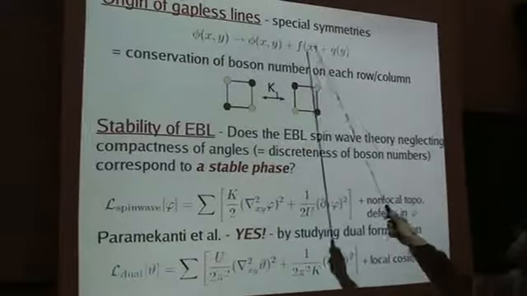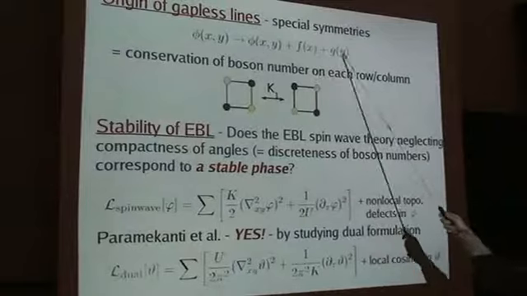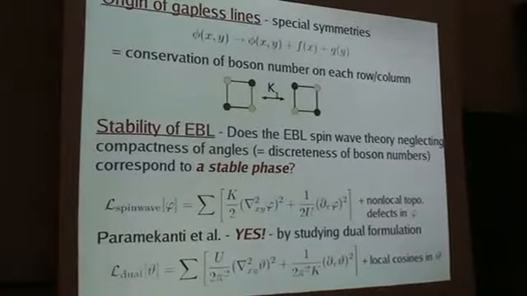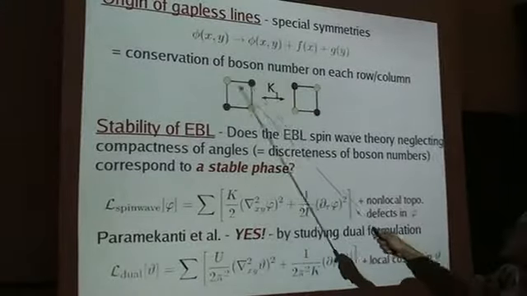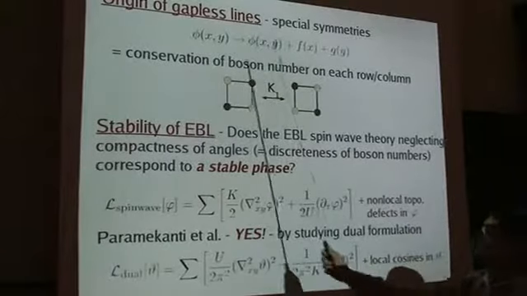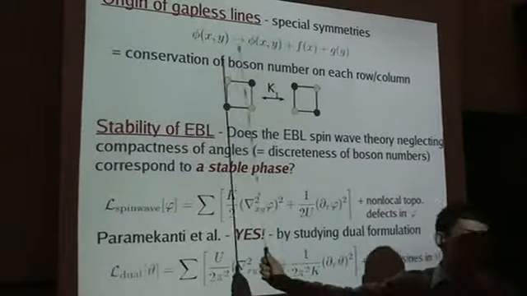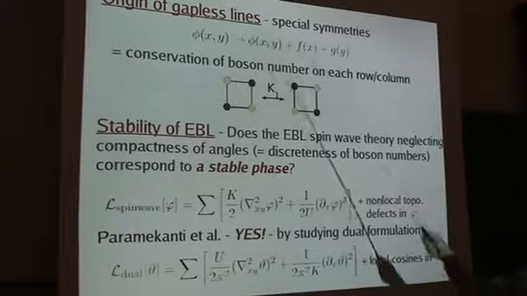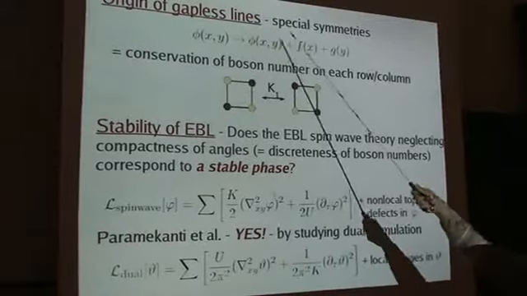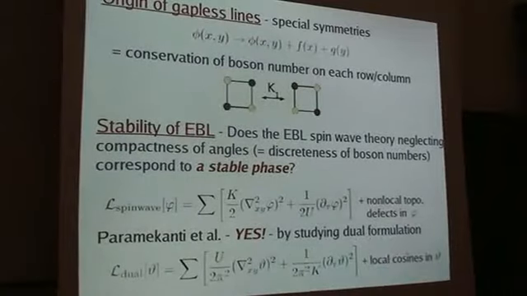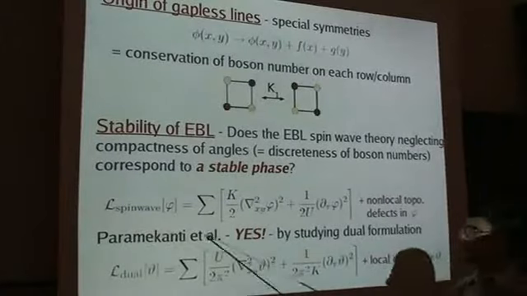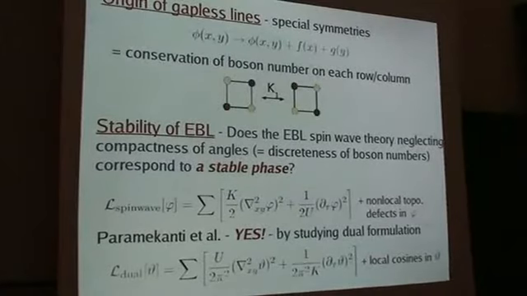Basically there is an independent U1 symmetry associated with each row and each column of the lattice, and that U1 symmetry is simply the statement that on the ring moves the boson number is preserved in each row and in each column. Okay? So the vanishing of this spin wave dispersion is not so exotic. Well, the main achievement of this work is actually in answering the following question.